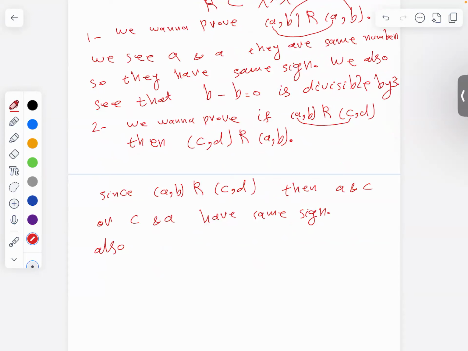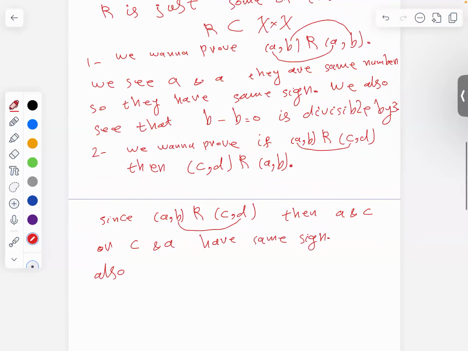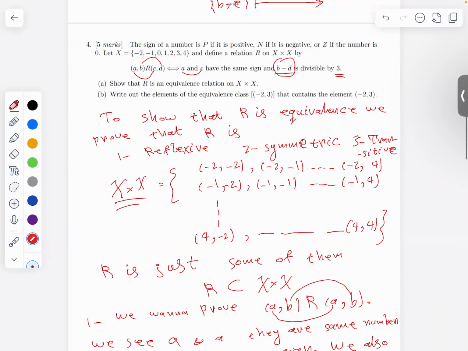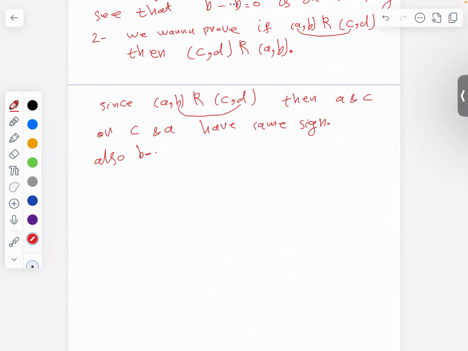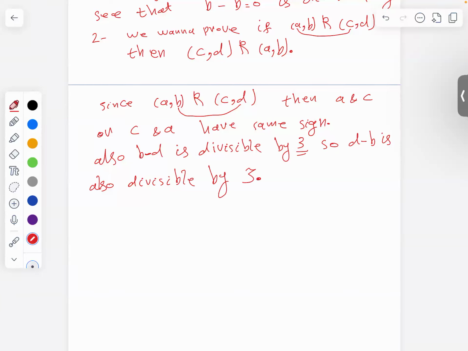Also, B minus D is divisible by 3, so D minus B is also divisible by 3.